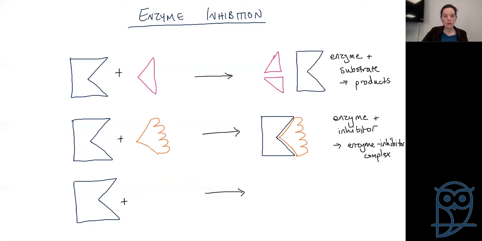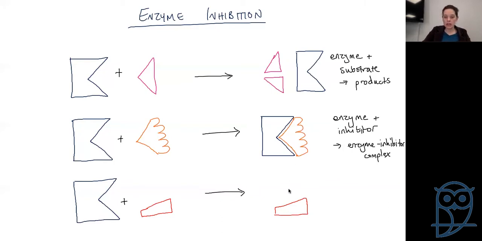Okay, so what happens if we have a different kind of inhibitor? What happens if our inhibitor looks like this? No, that's not complementary to the active site. Okay, but this other place where an inhibitor can bind is somewhere else on the enzyme molecule. Okay, so let's say this inhibitor binds down here. Okay, but now whenever we bind something to a protein, we're going to disrupt other bonds within the protein.